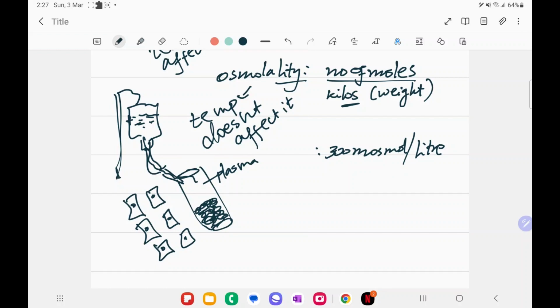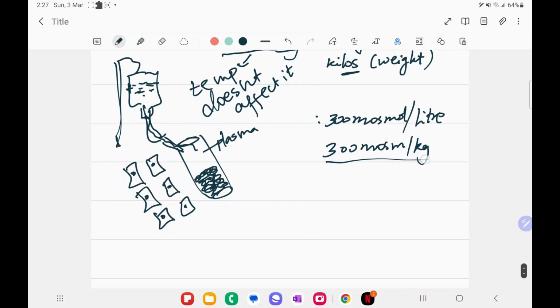So physiologists and medical professionals don't really make much of a distinction between osmolarity and osmolality, but we like to use the term osmolality. So let's just say 300 milliosmoles per kilogram of fluid of your ECF is considered the same osmolality in your plasma. So that's the same amount of tonicity in your red cells also, and in all your cells.